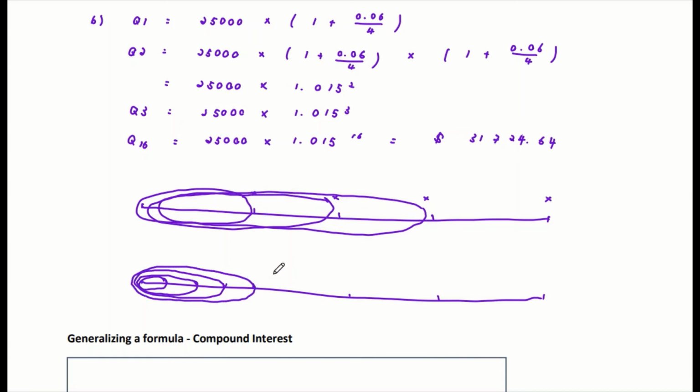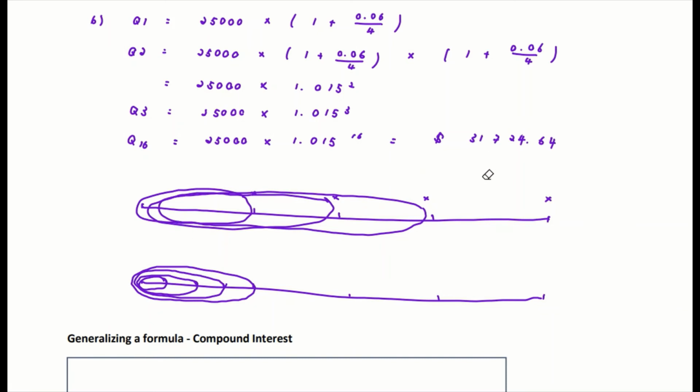So even after 1 year, the value you have is going to be higher than this one because you already compounded 4 times, compared to this one where you only compounded 1 time. So that's the idea. I hope that you can see the relationship here.